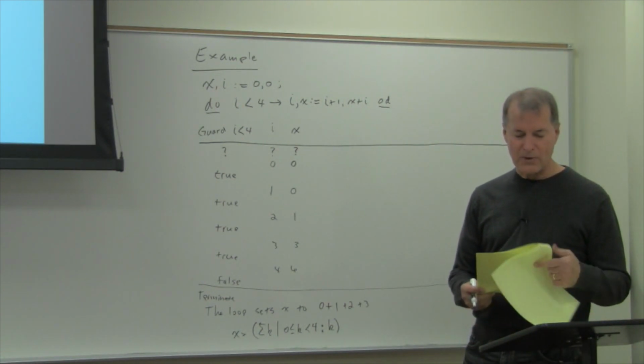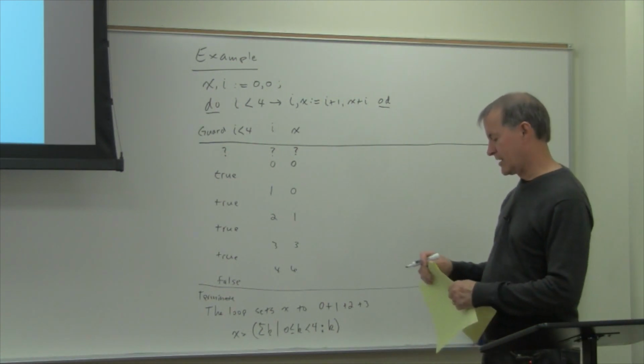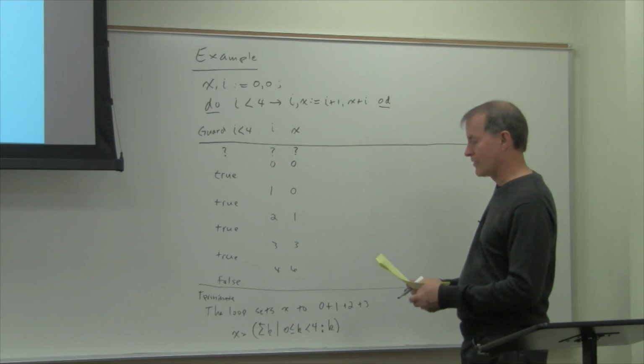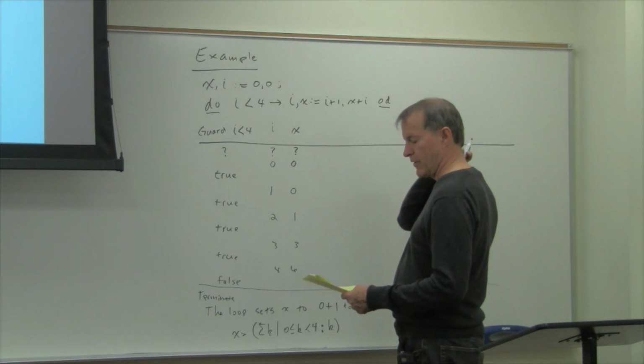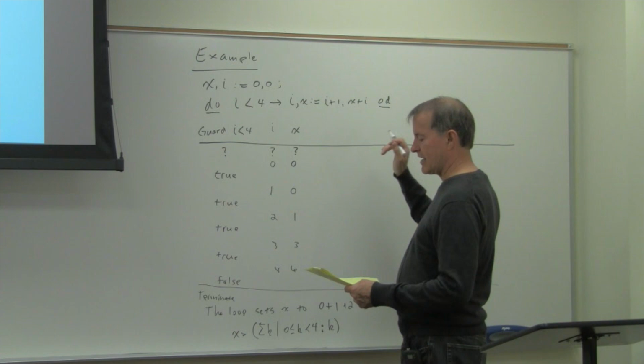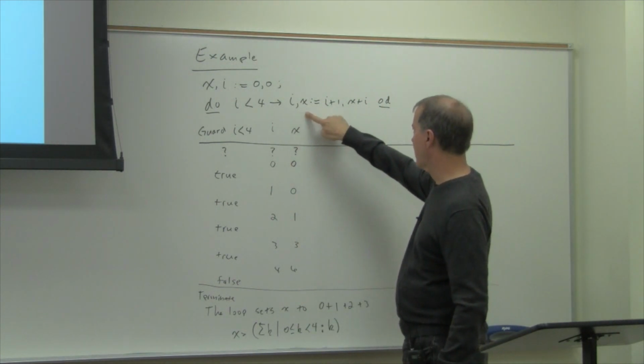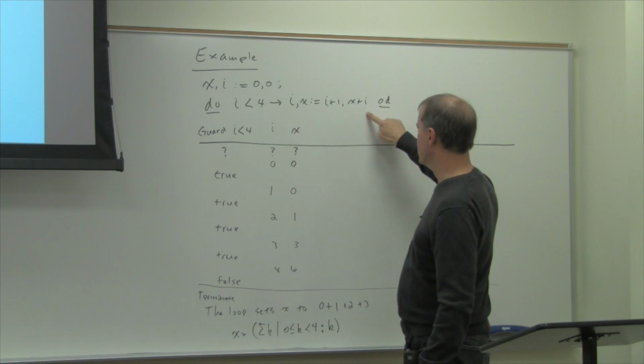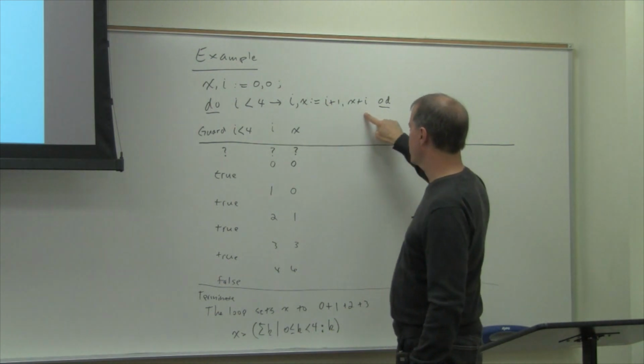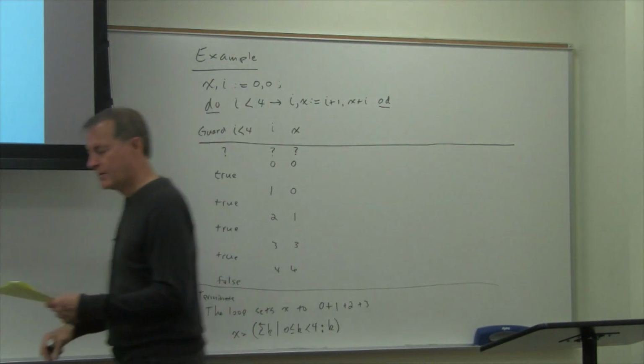Okay, so now here's my question. Now comes a very important question, a question about an invariant. What is the invariant of this statement? This statement, I comma x gets I plus 1 comma x plus I. So here, let's write that down.